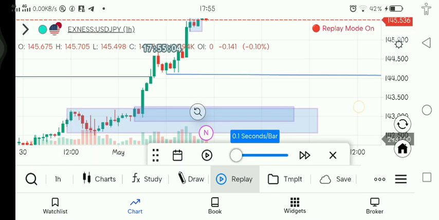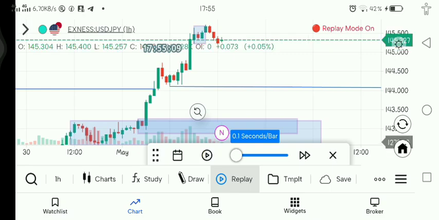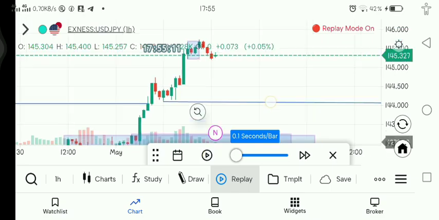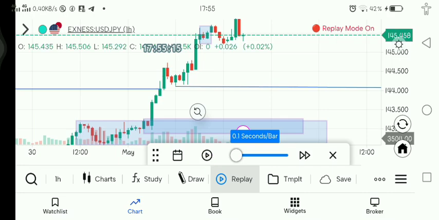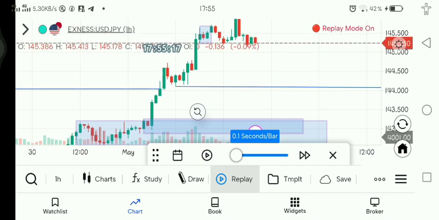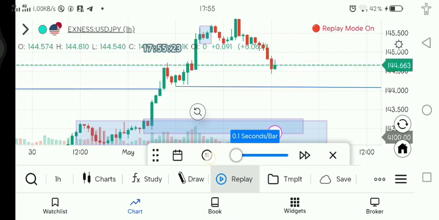So let's play the price ahead and see how it moves. Remember, our inducement point is still here, so let's see. Alright, so we wait.